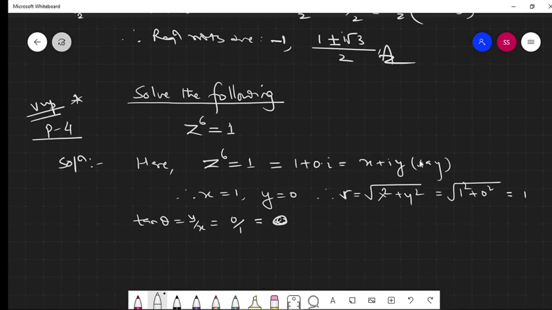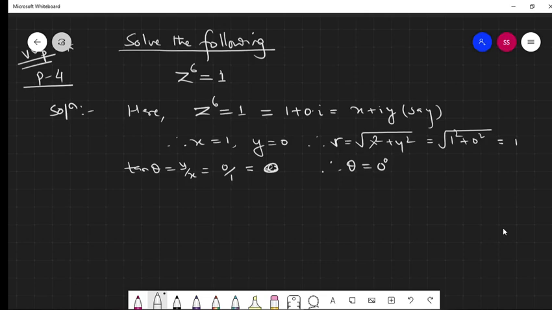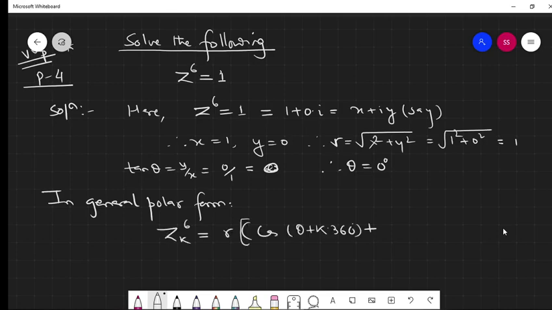Then in general polar form, zk to the power 6 equal r cos theta plus k times 360 degree plus i sin theta plus k times 360 degree.